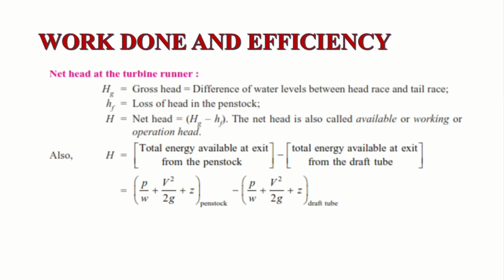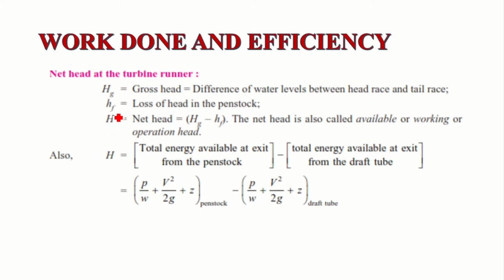Next, work done and efficiency. As we discussed earlier in our Pelton turbine or impulse turbine, we need to look into the different terms. The first term is the net head at the turbine runner. The net head means the head available at the inlet of the turbine.